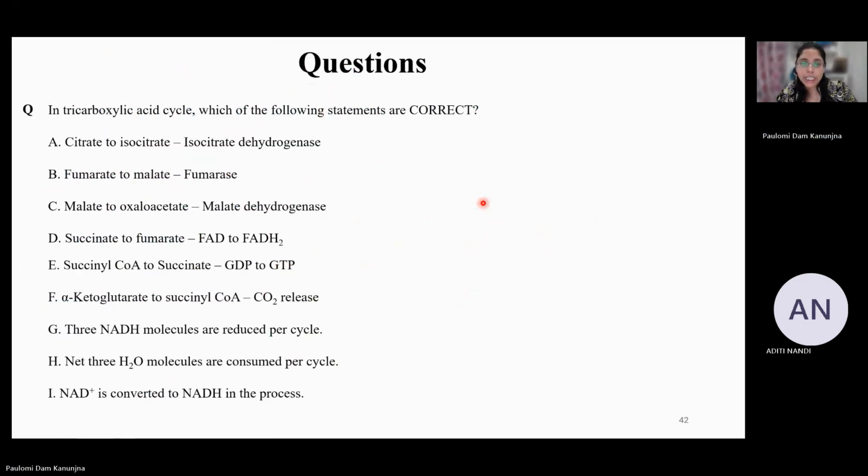Okay, next. This is a very interesting question. Which of these pairings is correct? This is basically asking which enzyme pairs with the reaction given. It should not be very difficult.